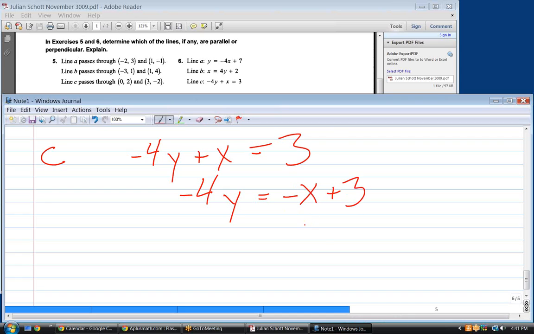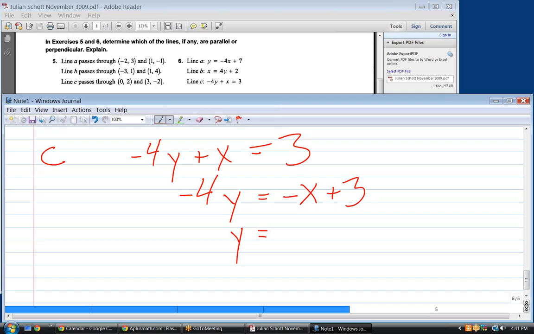First of all, you see that those are the same thing. Minus x plus 3 is the same as 3 minus x. The only thing is it's better because it's closer to slope-intercept format. Next step. Divide by -4.